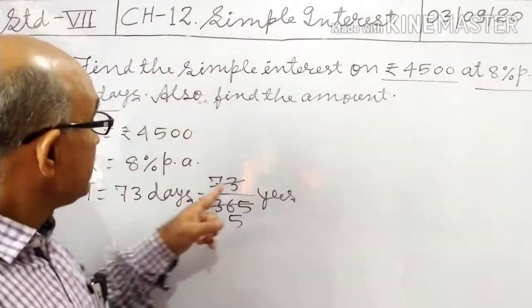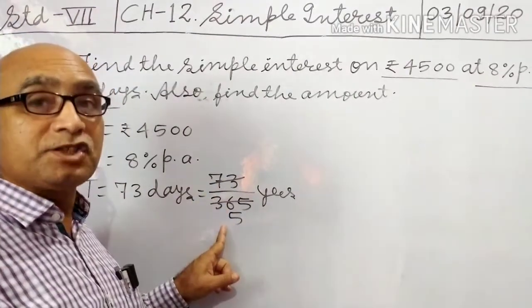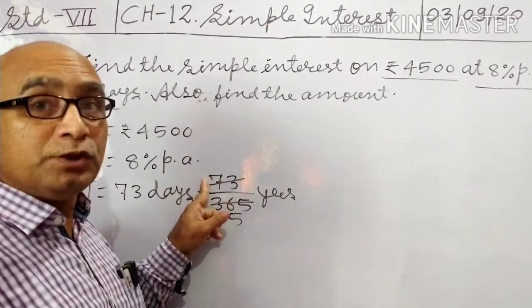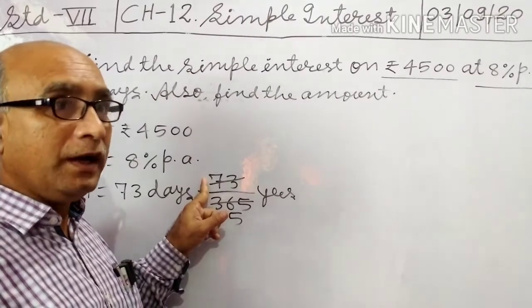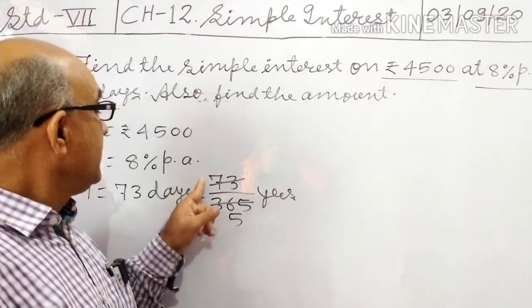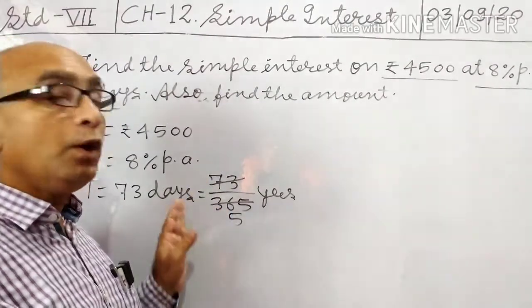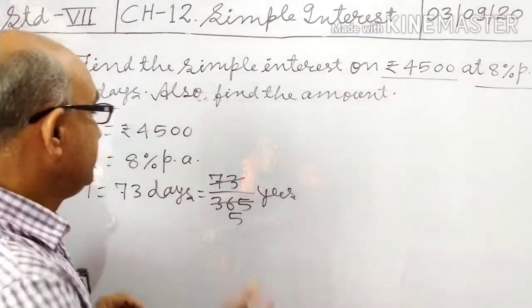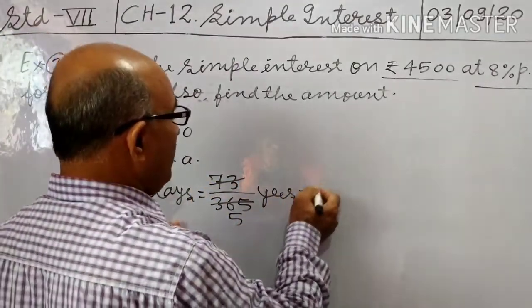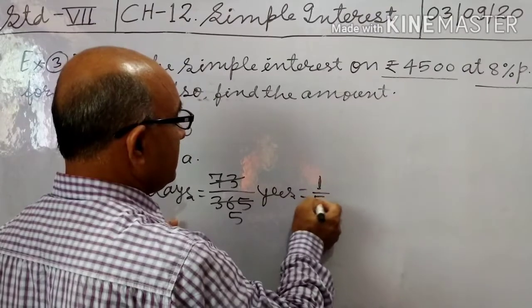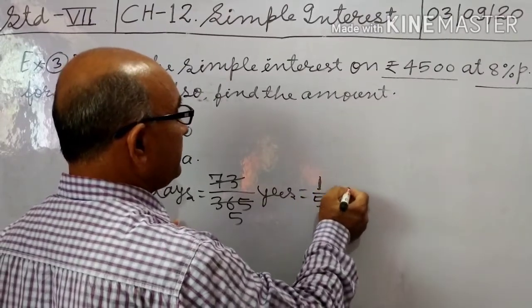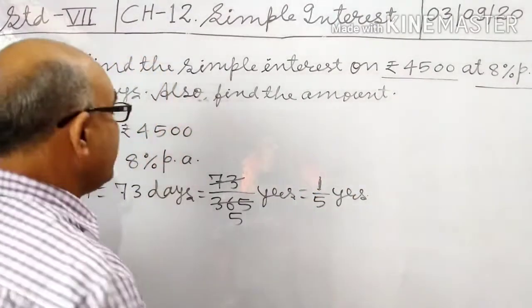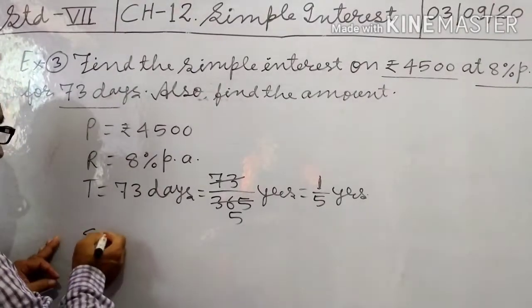Remember some tables: 73 twos are 146, 73 threes are 219. So 1 by 5 year.